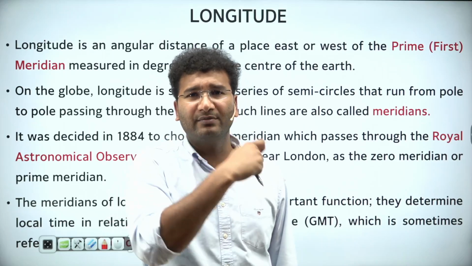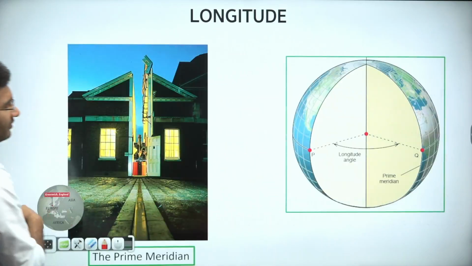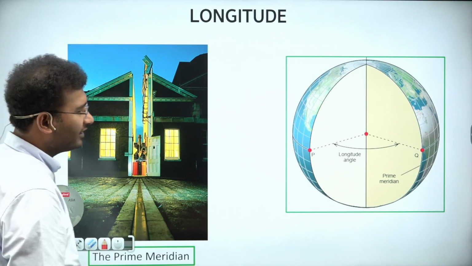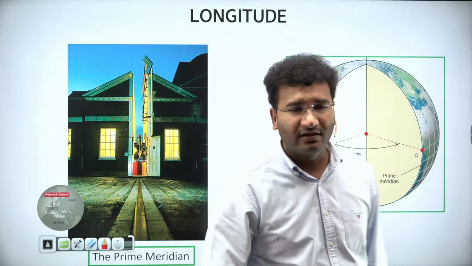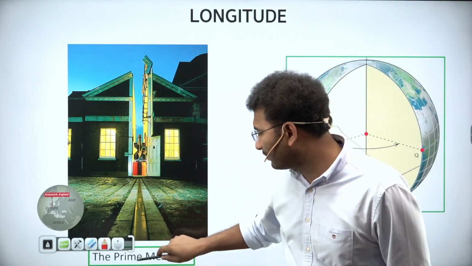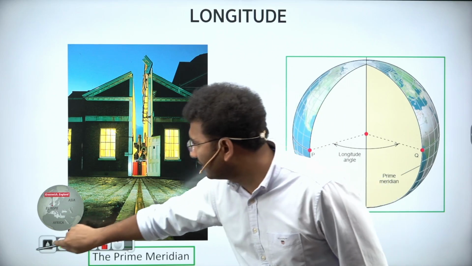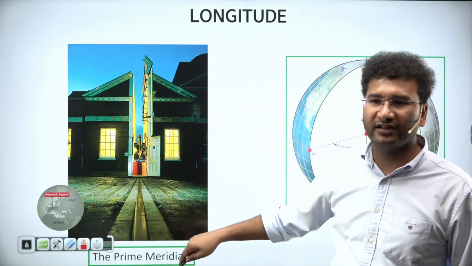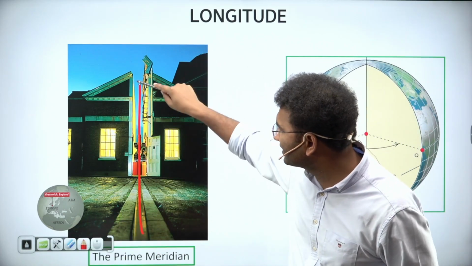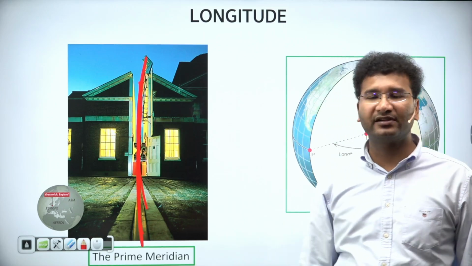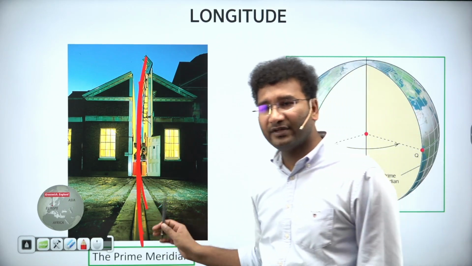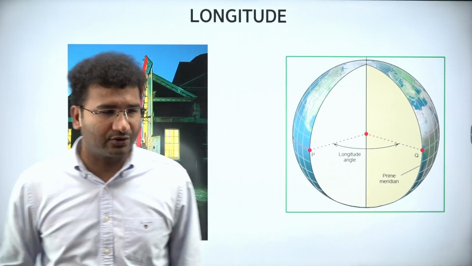Now, what is this prime meridian? See, prime meridian is also called as the Greenwich meridian, which passes through the Astronomical Observatory, which is located in London, and from this building it exactly cuts this particular place, right? And from here the line was drawn.